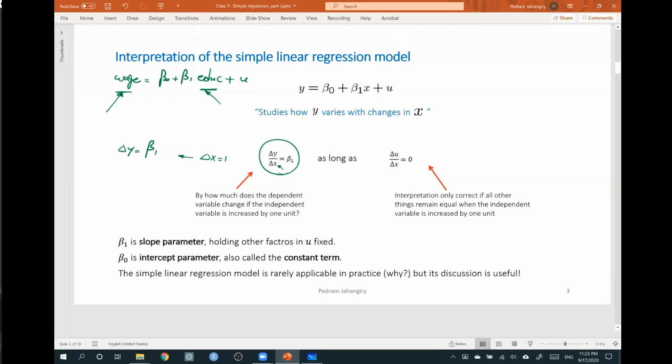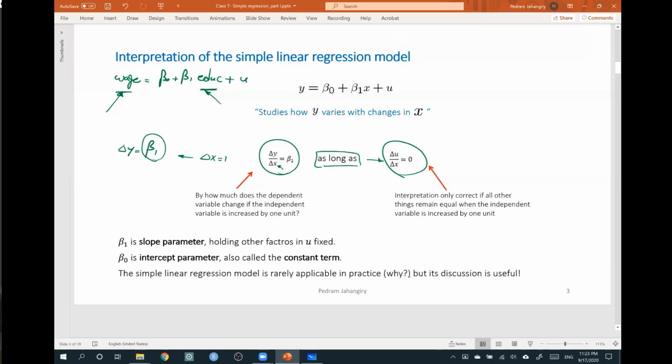So we read it like this. If x, the independent variable, changes by 1 unit, then y is going to increase or decrease by beta 1 units. If beta 1 is positive, it's going to increase. If beta 1 is negative, it's going to decrease by beta 1 units, right? However, this holds as long as delta u over delta x is equal to 0.